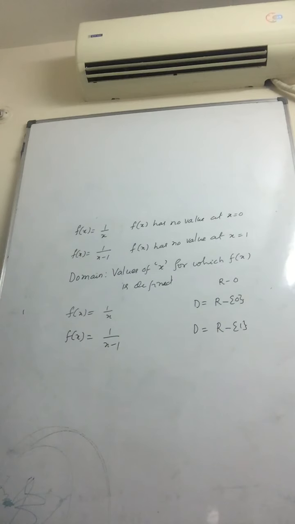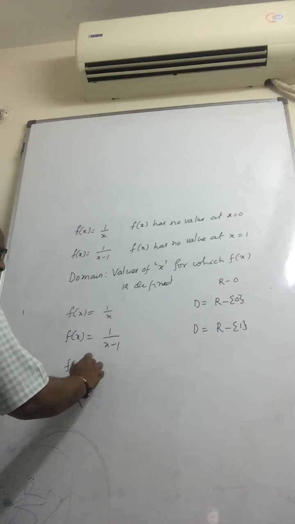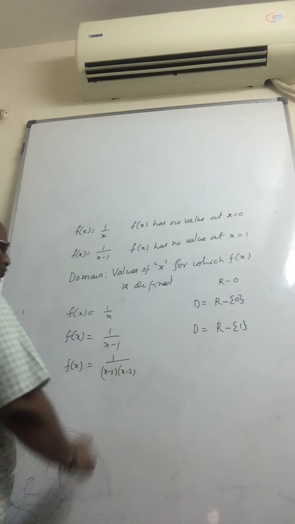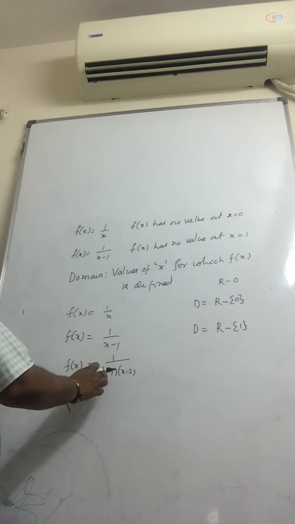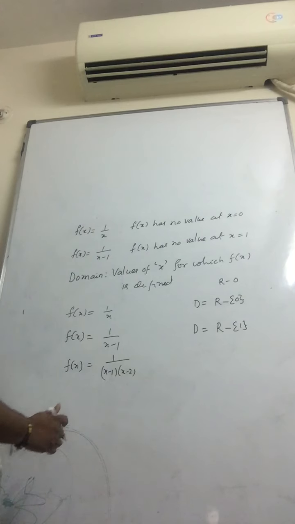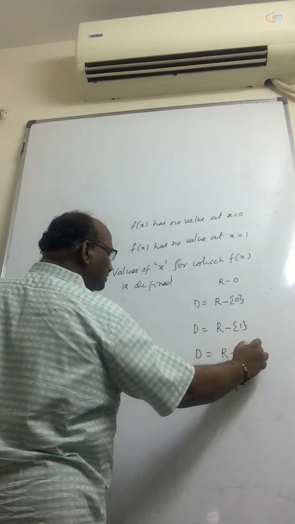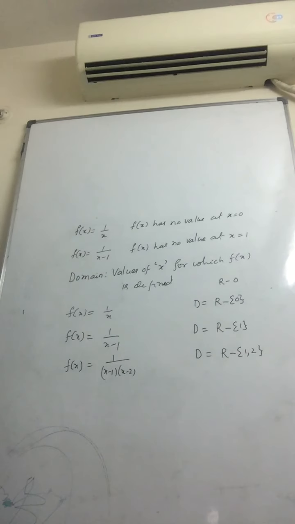Here the only problem is at 1. If you take the function as 1 by (x minus 1)(x minus 2), here we have a problem when x is 1 or 2, the denominator becomes 0, no value. So here domain will be all values except 1, 2. So this is how we find the domain of the 1 by x format.